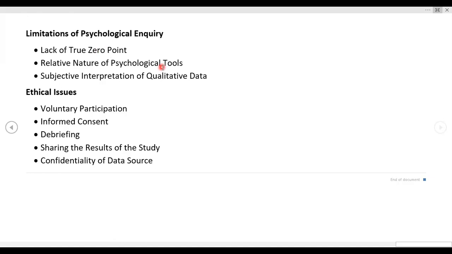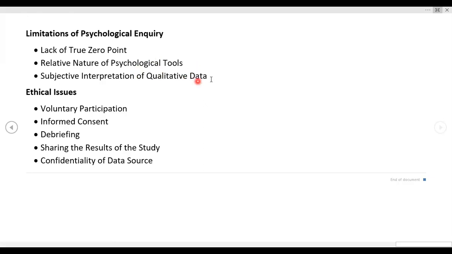That is the lack of a zero or true point. That is, no one is zero knowledgeable. DNA has a memory. Relative nature of psychological tools: every tool is not complete, and the selection of tools also differs based on it.